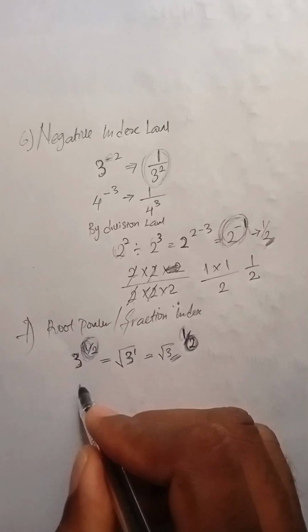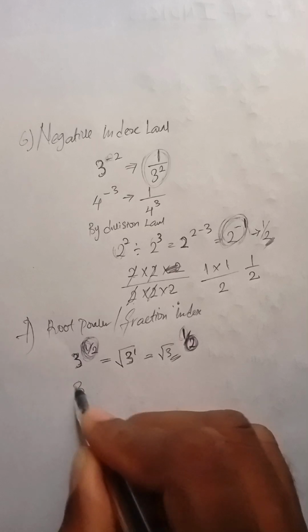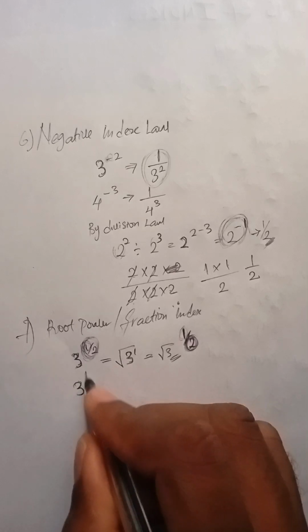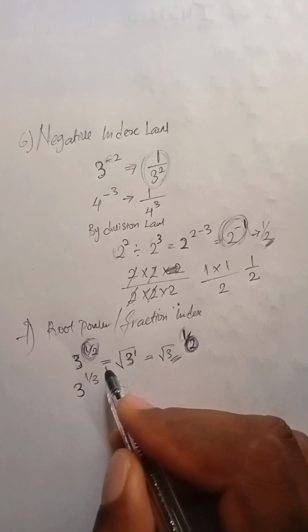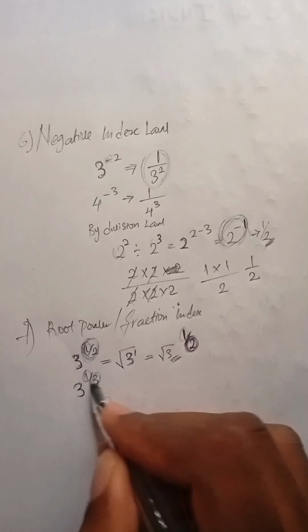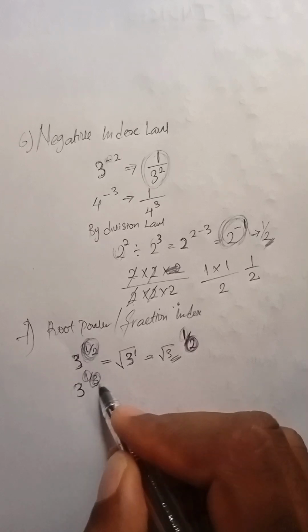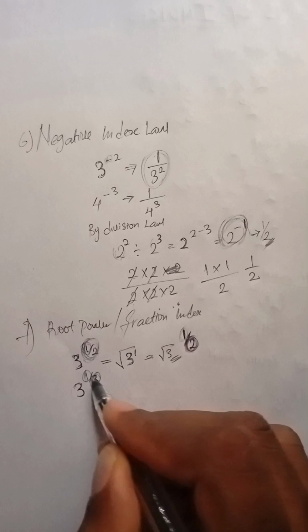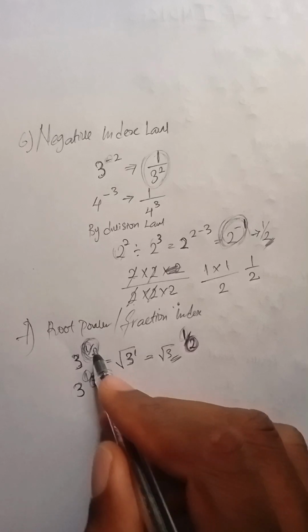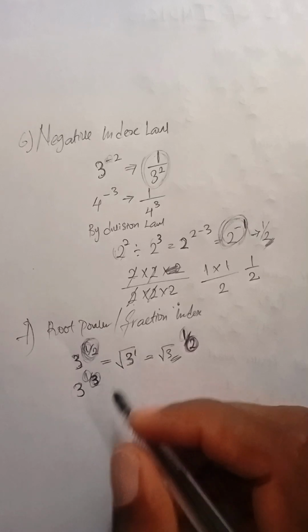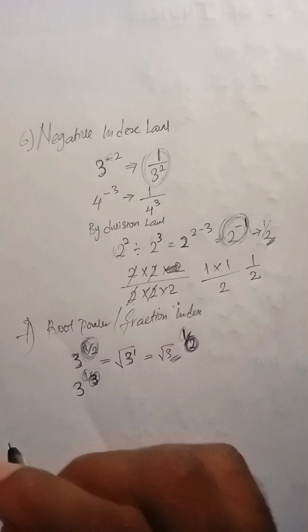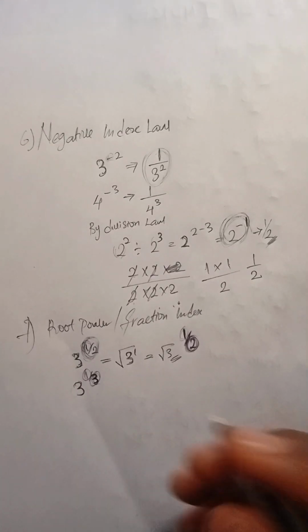So another example, let's use 3 raised to the power of 1 over 3. So this is the root, this is the power. The root of 3 here is the cube. 2 means square, 3 means cube, 4 means fourth root, 5 fifth root, 6 sixth root, and so on.